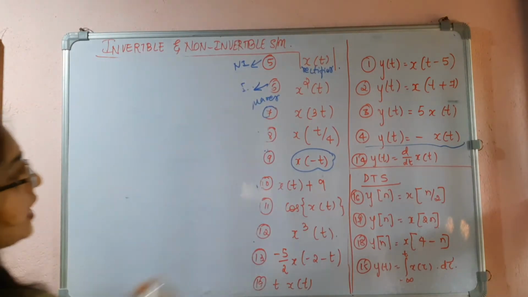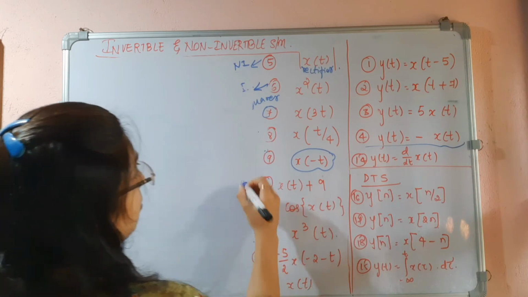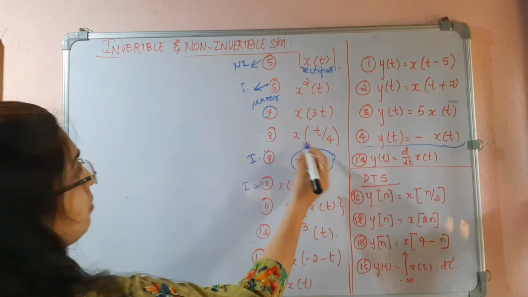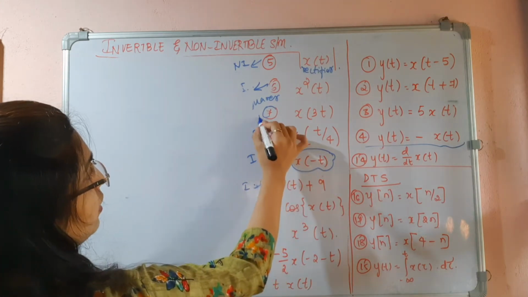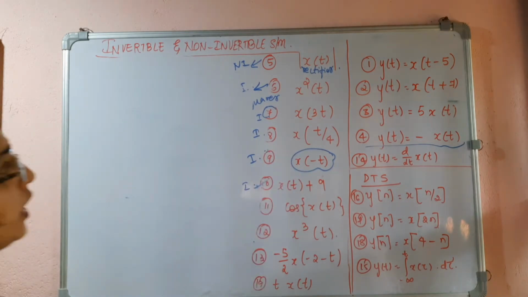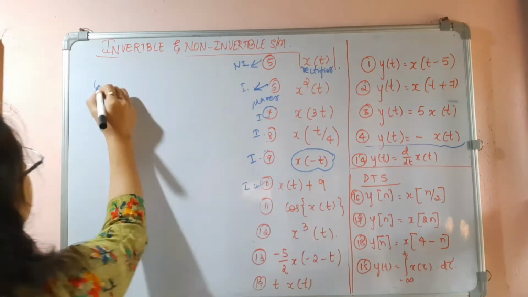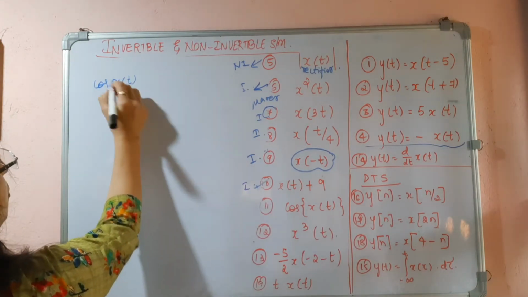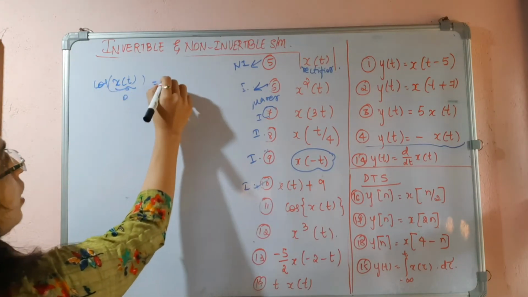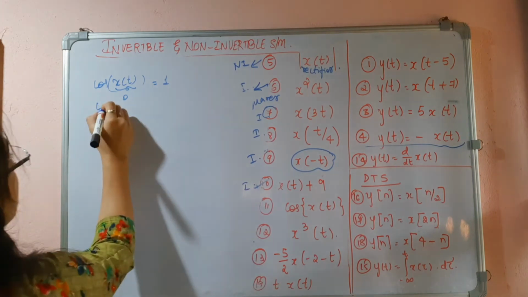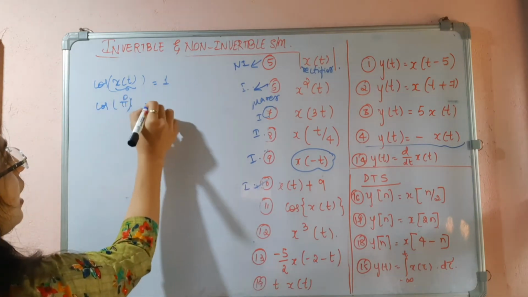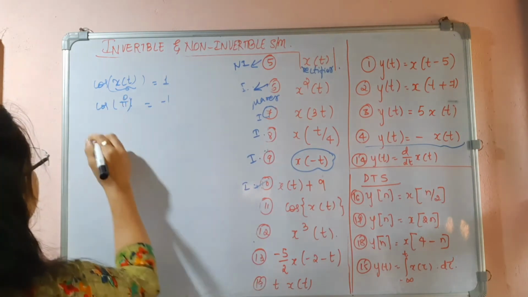Next is cos x of t. The previous ones are invertible systems, but these two are non-invertible. See, cos x of t: suppose x of t is equal to 0, I am getting 1. x of t is pi, I will get minus 1.